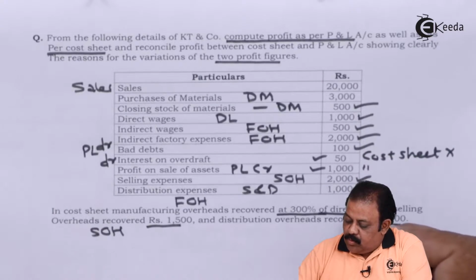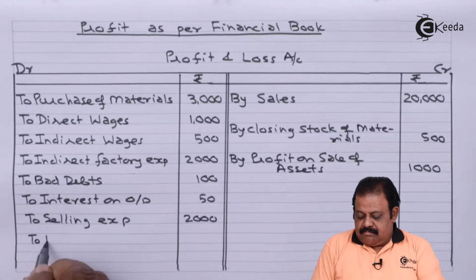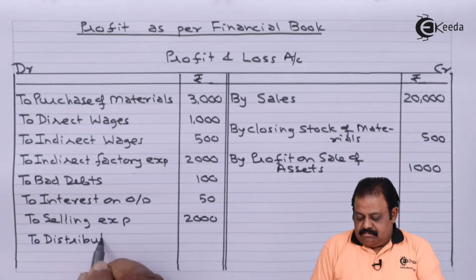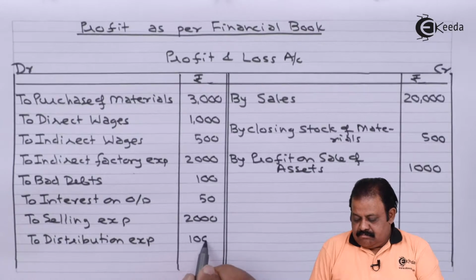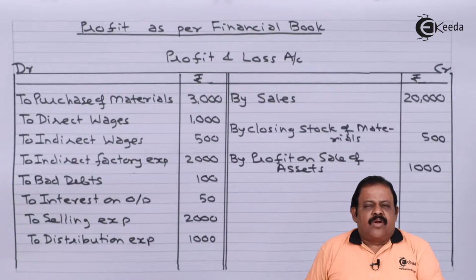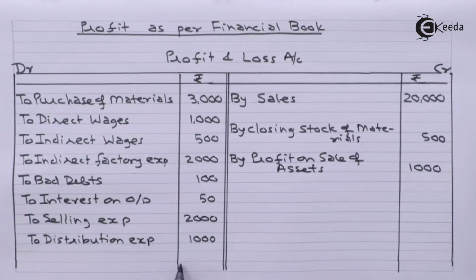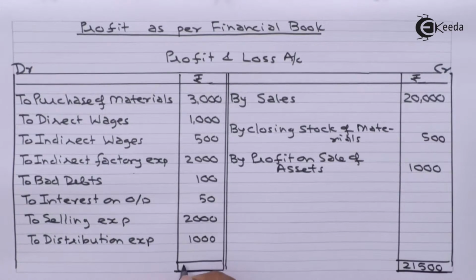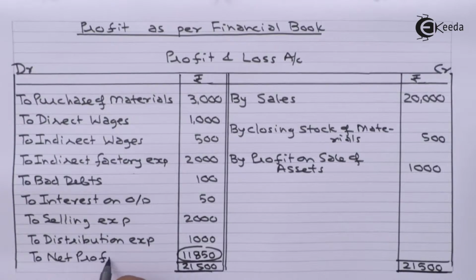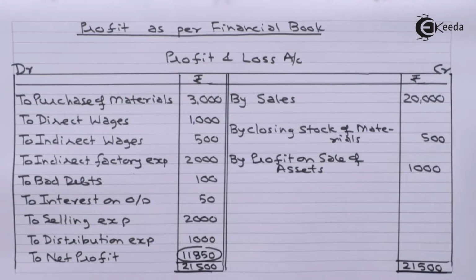Distribution expenses rupees 1000. So we have recorded all items for profit and loss account. Let us find out profit as per financial book. So profit as per financial book is 11,850.